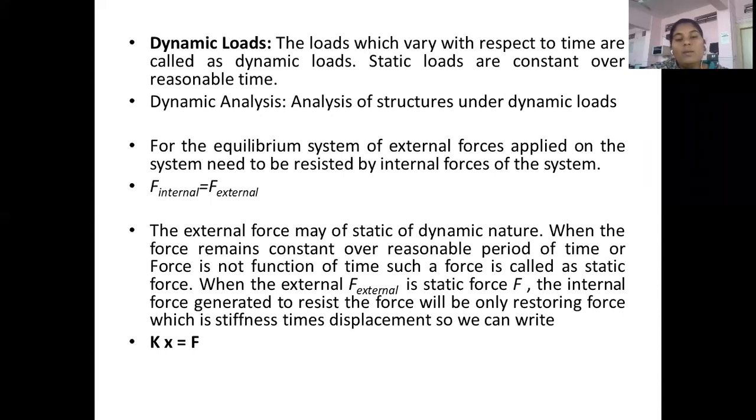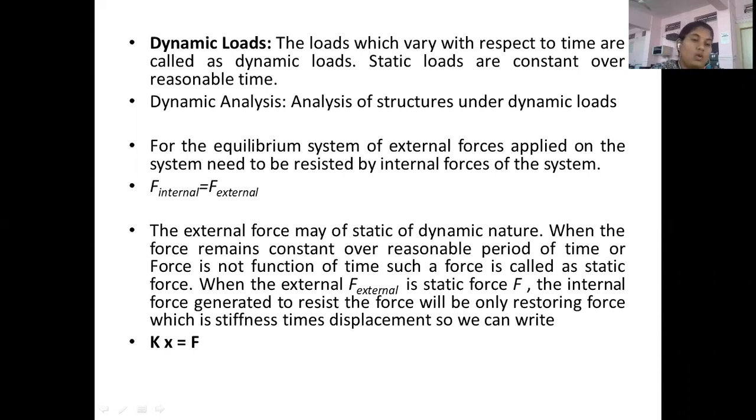Write down: for the equilibrium system, external forces applied on the system need to be resisted by internal forces of the system, full stop.